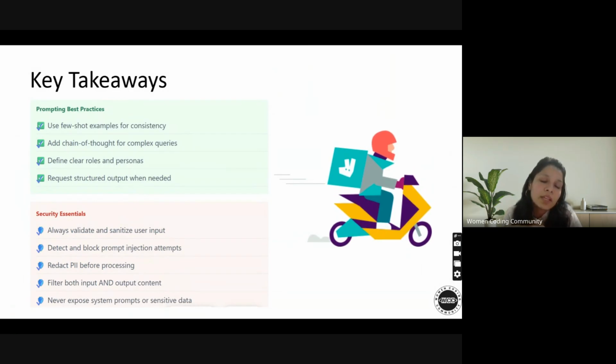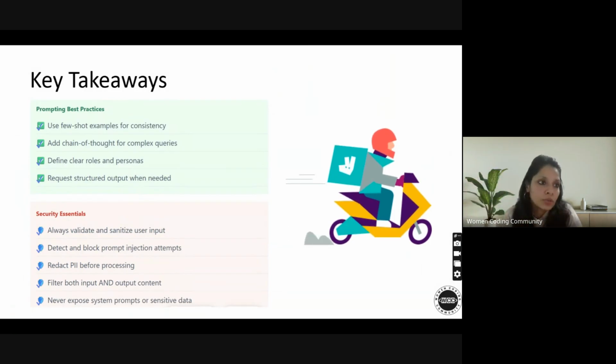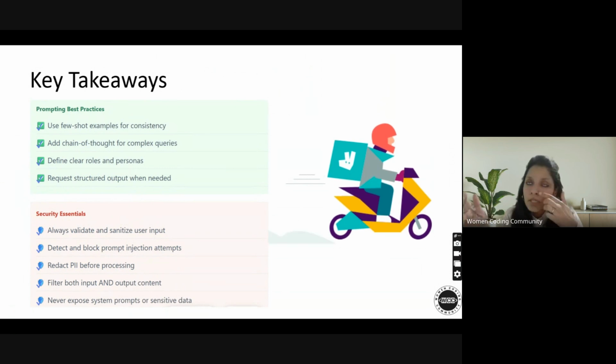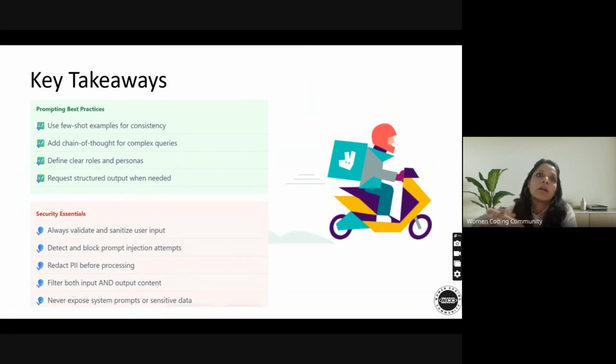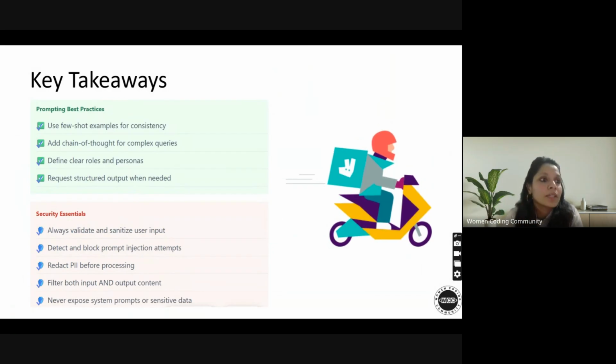But it will vary very differently for the application and the use case you're working on. As I mentioned, for a crisis application or an application that is health related, some of the security guardrails would differ from a banking application. So this example that I've given here is just a very high level, very generic one.